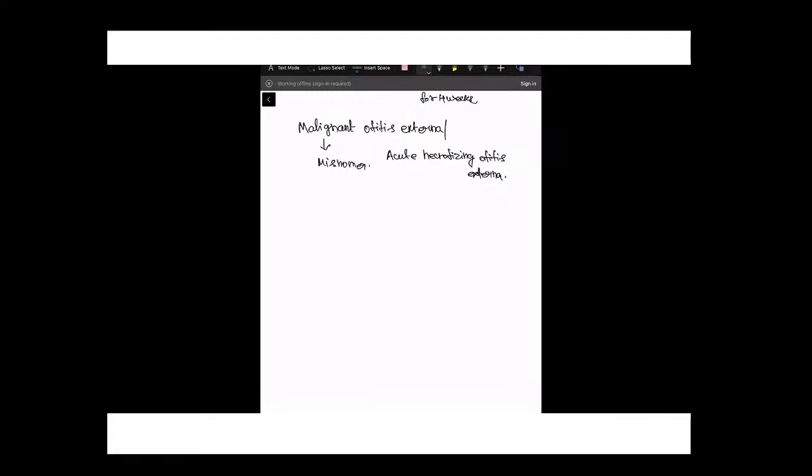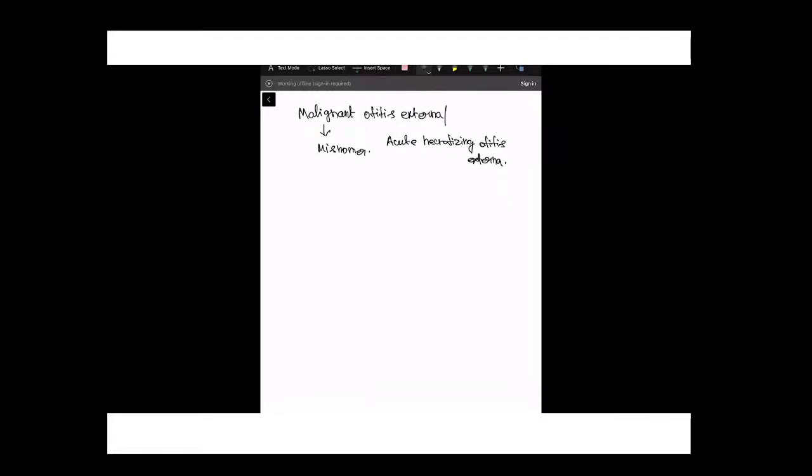It's just a misnomer. It's a rapidly spreading Pseudomonas infection in an immunocompromised patient.